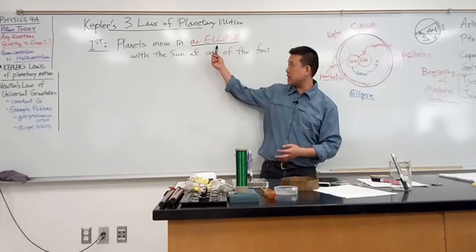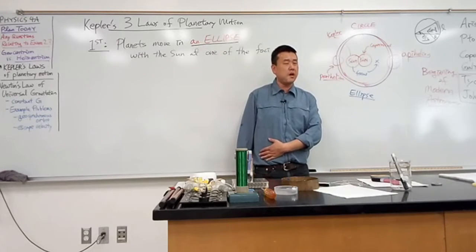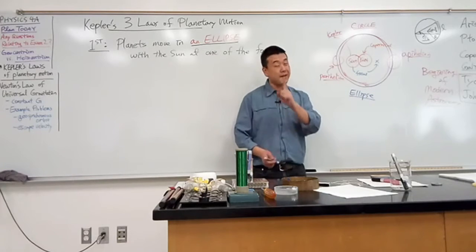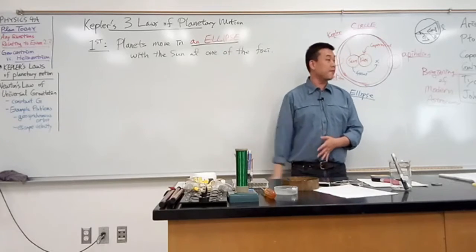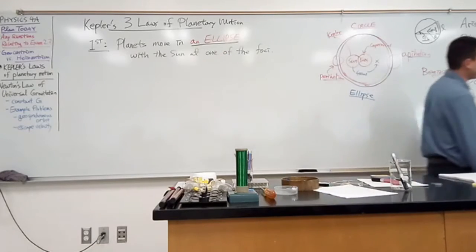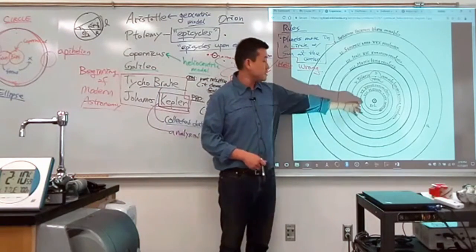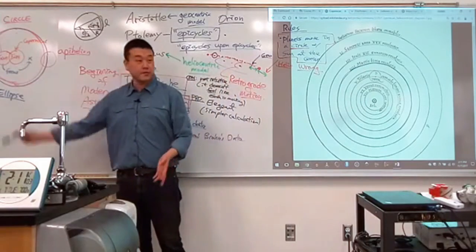So this is Kepler's biggest discovery. Let me write down the next two of Kepler's laws, and this is what I want you to think about. Somebody tells you that this is the big discovery, and you think, all right, I take this model and I just have to adjust it a little bit. Even though these paths are ellipses, you can see they are very close to a circle.